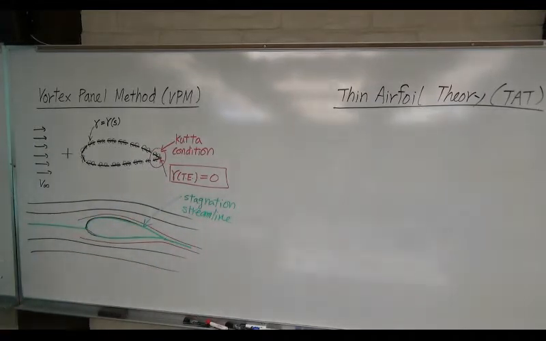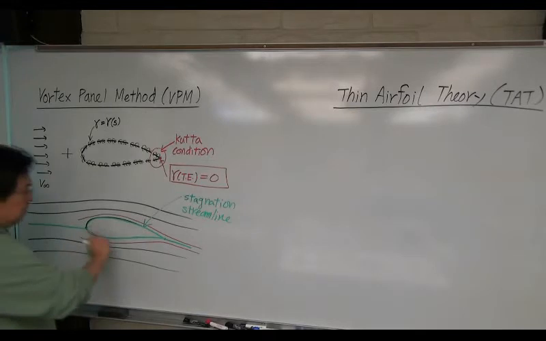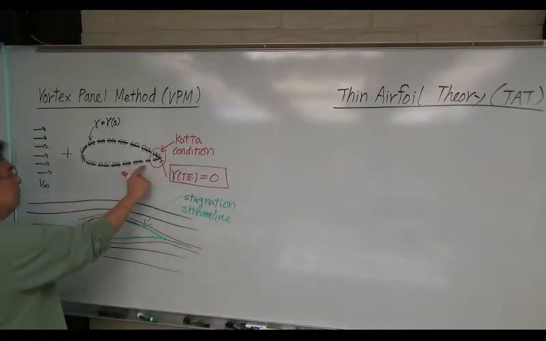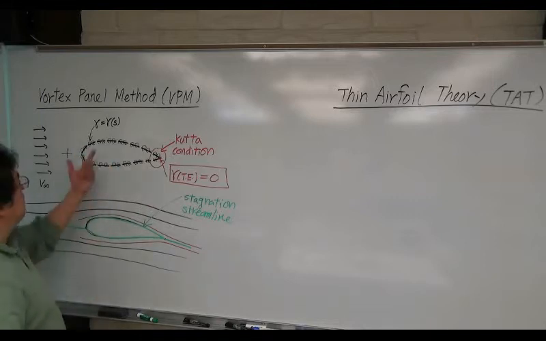Then in order to make the upper and lower surfaces stagnation streamlines, what is the magnitude of each panel's circulation?